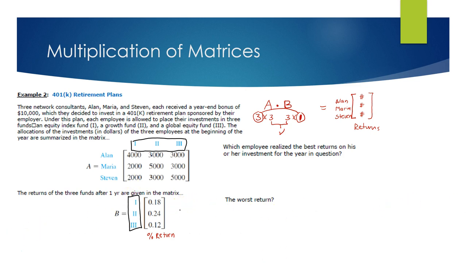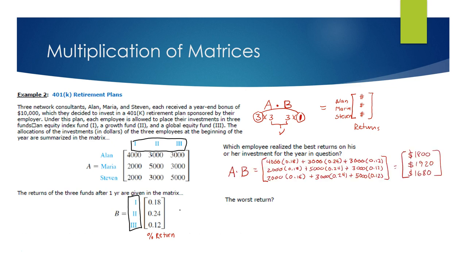A times B, you can see I worked it out using the procedure we talked about before. And I got 1,800, 1,920, 1,680, which again represent the amounts.